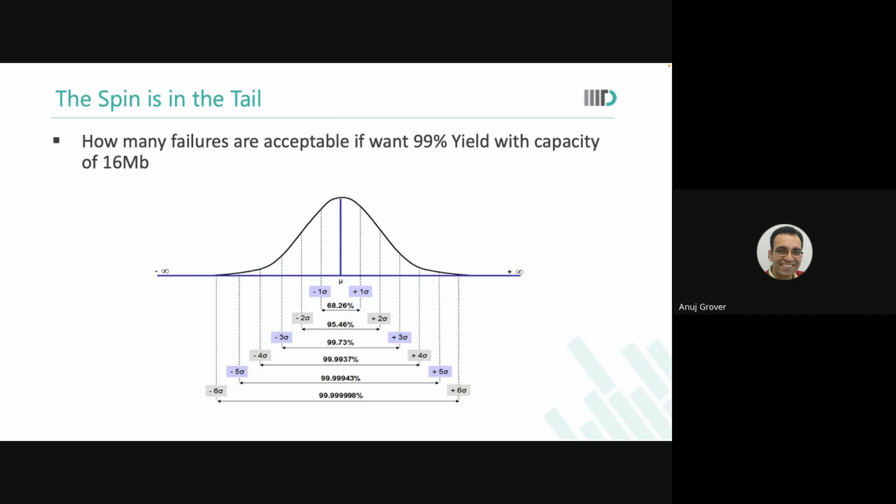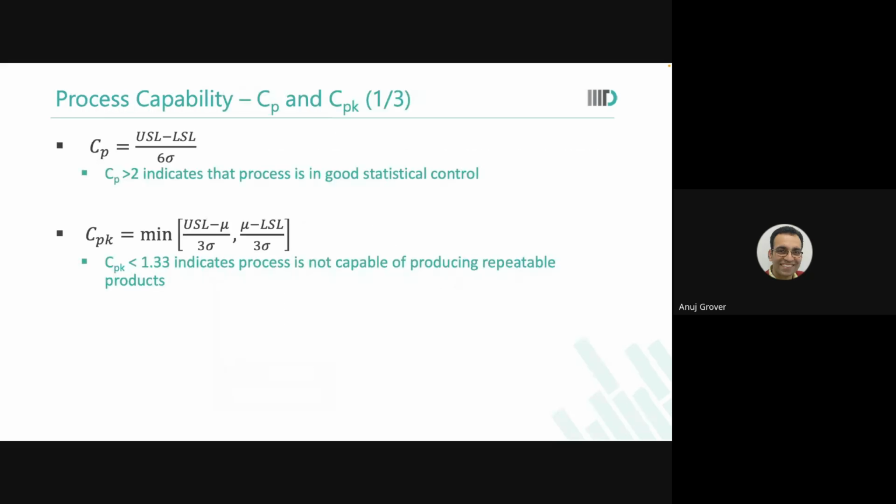Now, another thing that memory designers need to be very careful of is the capability of the process. For others, it may not be that big an issue, but for memory designers, because you're talking about plus minus 6 sigma, this can become an issue. So I'm going to spend a few minutes on how process capability is understood.